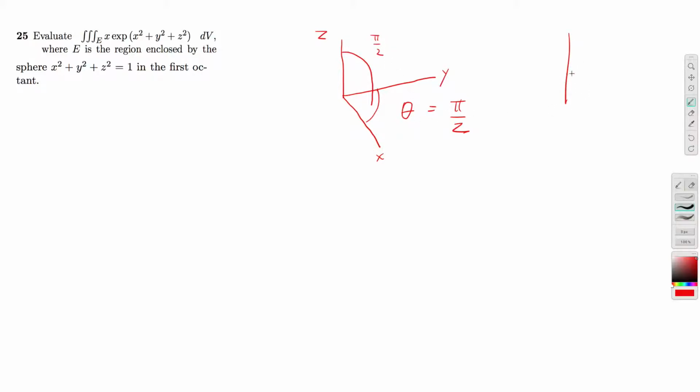Remember, that's pi, that's 2 pi. So half, just going from there to there, is pi on 2. And we know the radius is 1. So we could write E as this.